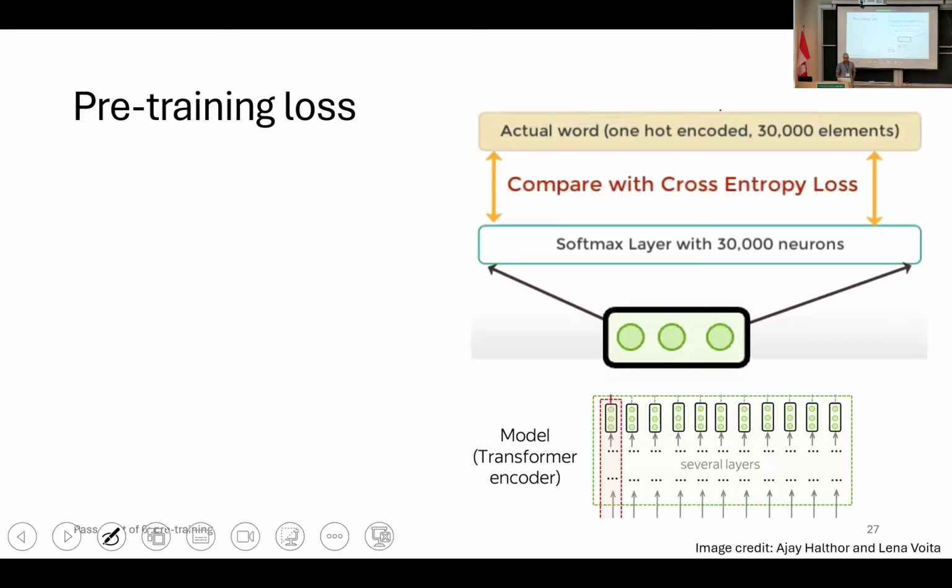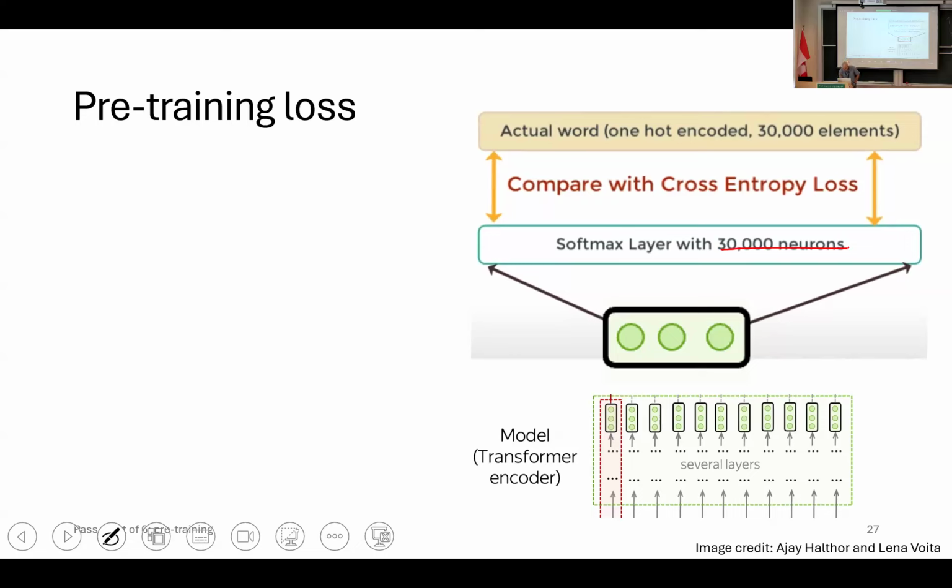That vector is attached to a softmax layer for classification with 30,000 neurons, and this is because I think the dictionary they used at that time supported 30,000 English words.